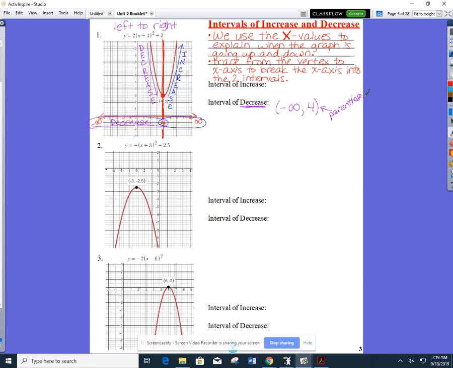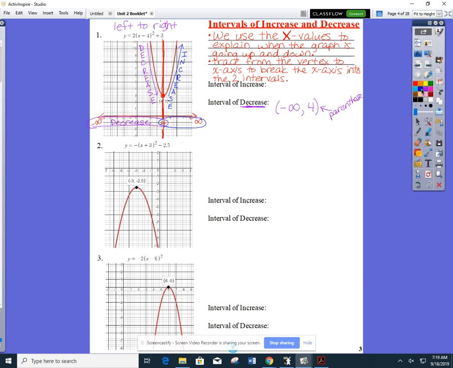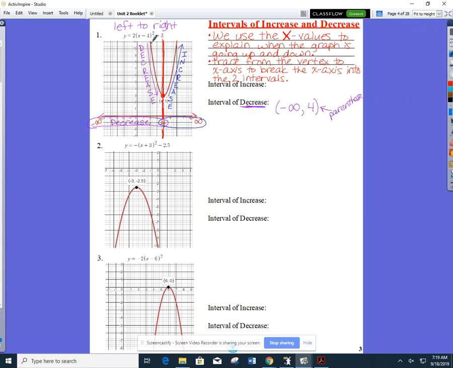The reason we don't use a bracket is because we're not going to include 4 in our decrease, because 4 is our turning point. So you have to kind of imagine that, like, if this is representing speed, as you get to a stop sign, you'd be slowing down, slowing down, slowing down. Then you're stopped. And then you start to go. When you're stopped at a stop sign, your speed is at 0.